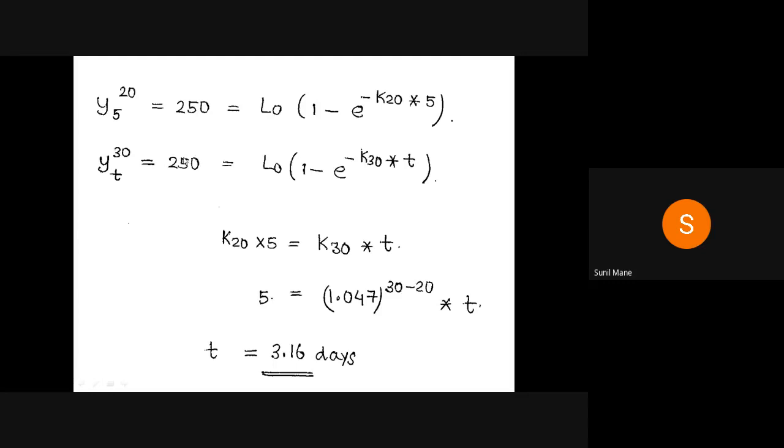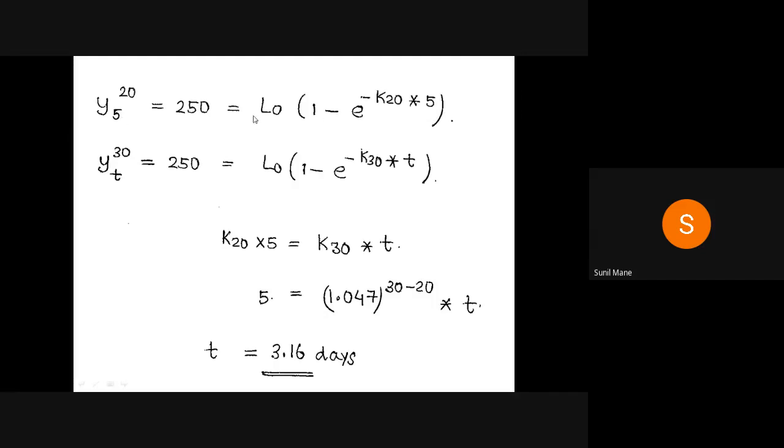Okay. So in the previous example, we found out the temperature. Now in this case, we are finding out t, that is time, after how many days we would be getting the same result. So the same calculation we are carrying out now.